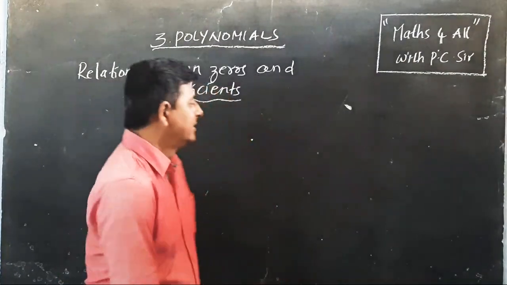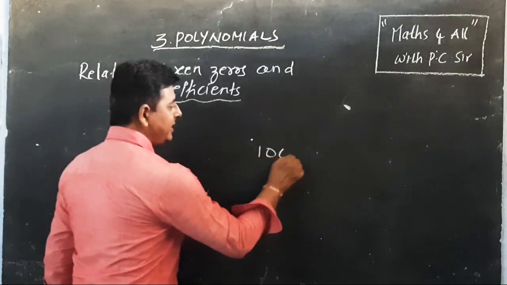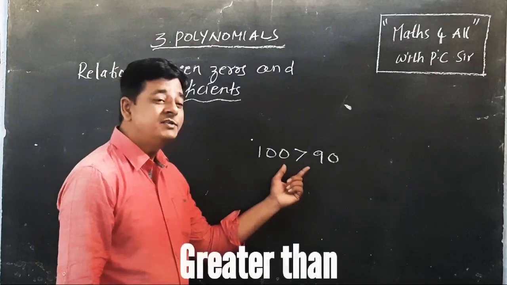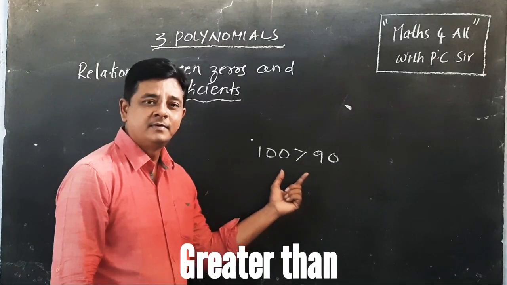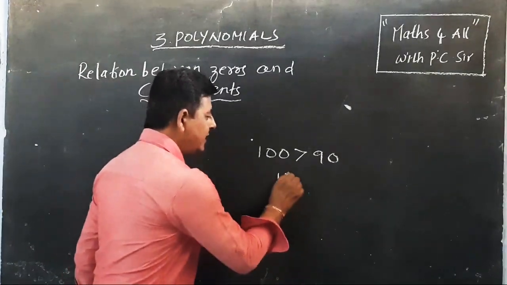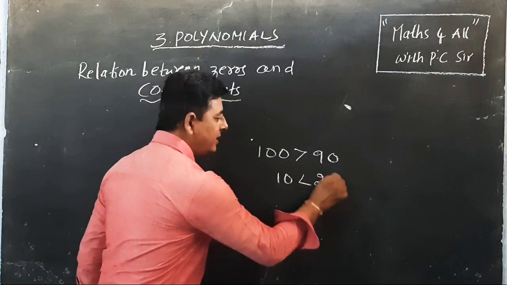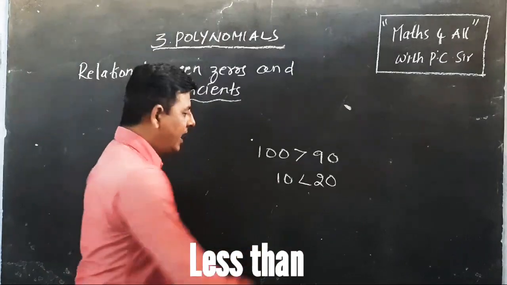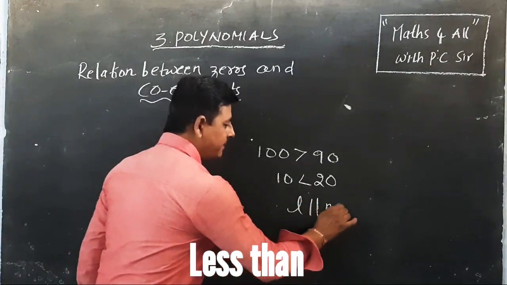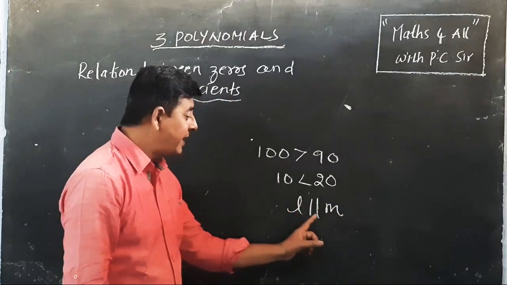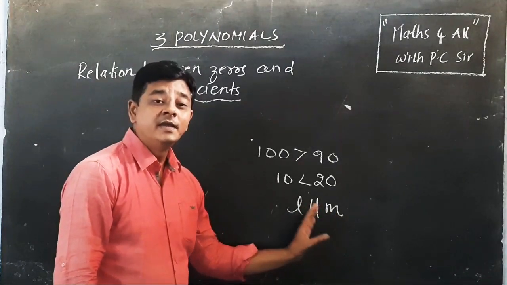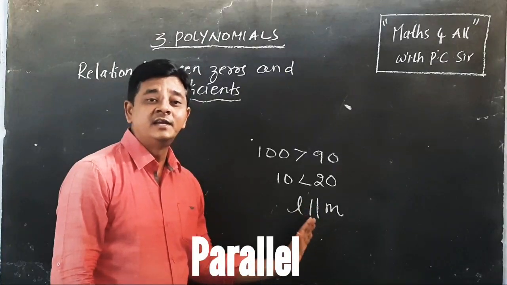Just I am writing one condition. 100 is greater than 90. Here what is the relation? Greater than. Here 10 is less than 20. Here what is the relation? Less than. And L and M, any two lines, L is parallel to M. Here parallel to is also a relation.